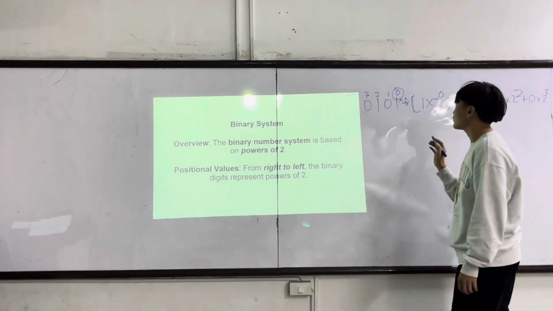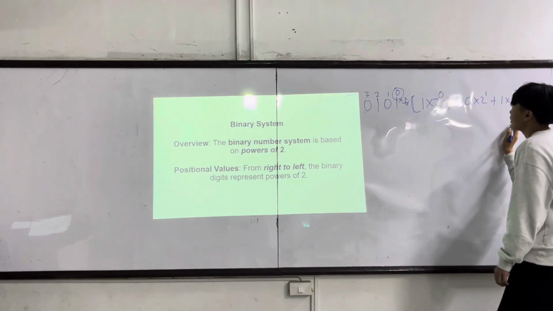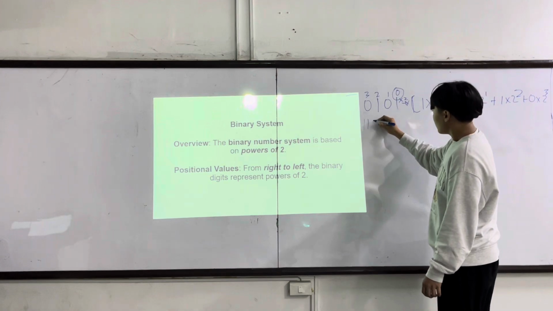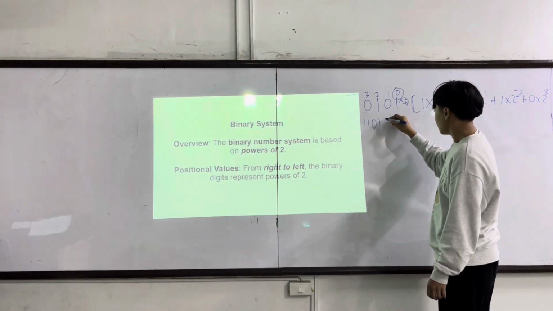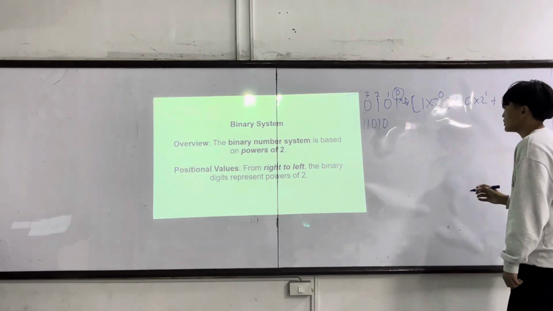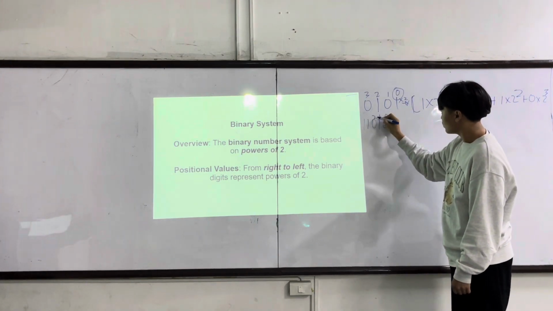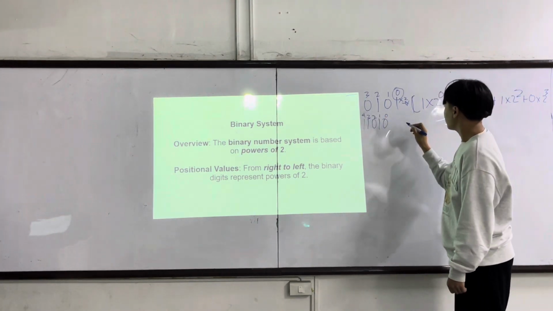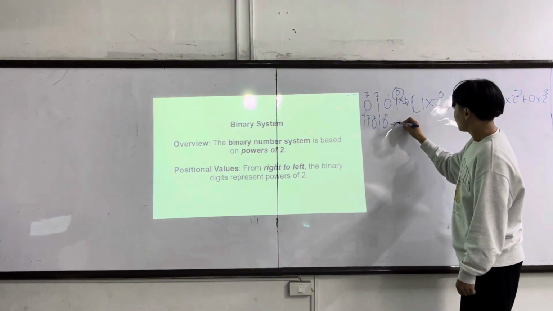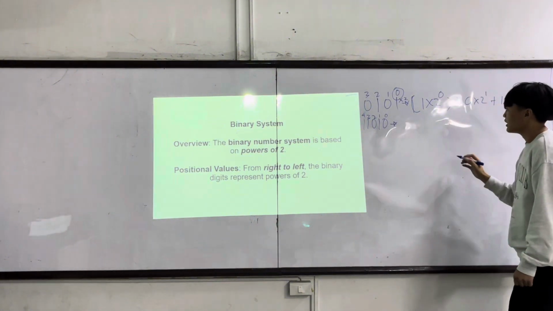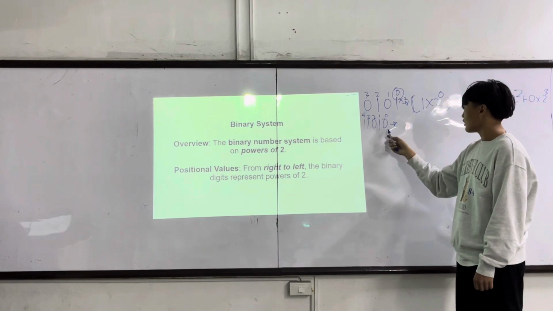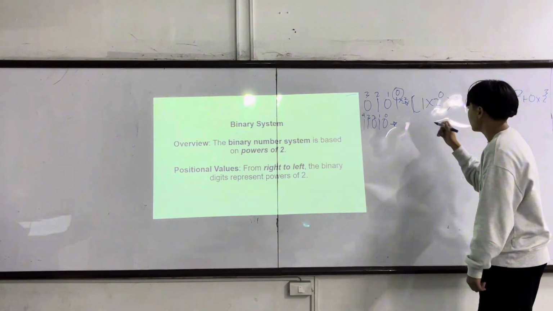Let's have another example: 1, 1, 0, 1, 0. We start counting from 0: 0, 1, 2, 3, and 4. Each bit is multiplied by 2 raised to its assigned number, and we always start from right to left.